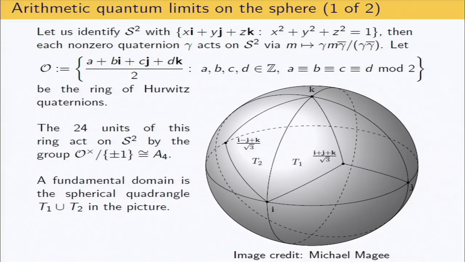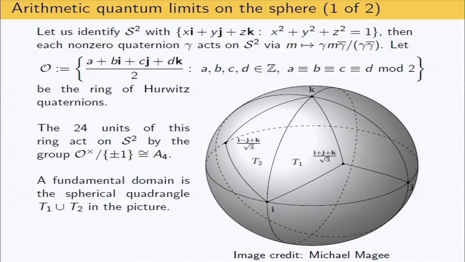Anyways, there is a nice fundamental domain for this action, which is the very precise analog of the usual fundamental domain for SL2(Z) on the upper half plane. So in the upper half plane, we have a fundamental domain which is a hyperbolic triangle of angles pi over 3, pi over 3, and 0, because there is a cusp.